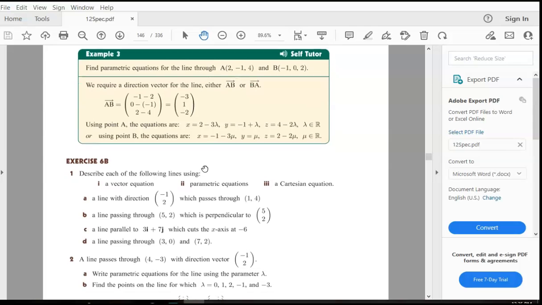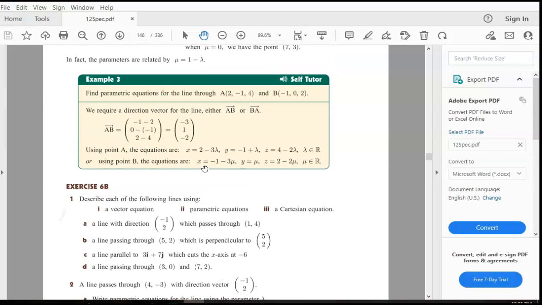How do they make it a little bit harder? Well, oh my goodness, they don't give you the direction vector. How rude. But if it passes through these 2 points, then of course we can find AB and BA. It does mean that you can have slightly different equations.